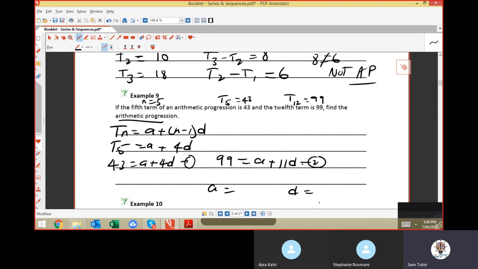N equals 14 over 2 times 2a plus n minus 1 times d. Plug it all into your calculator.